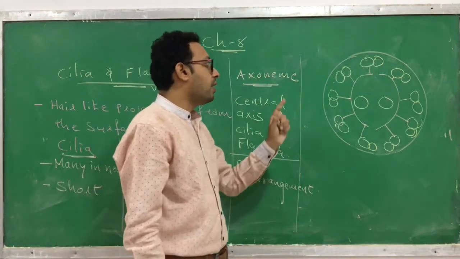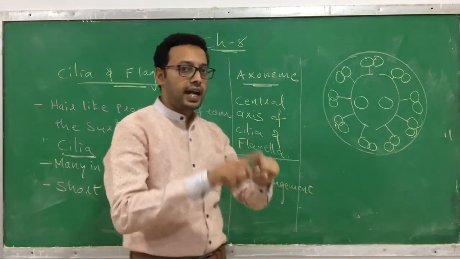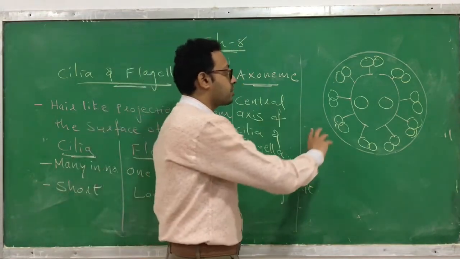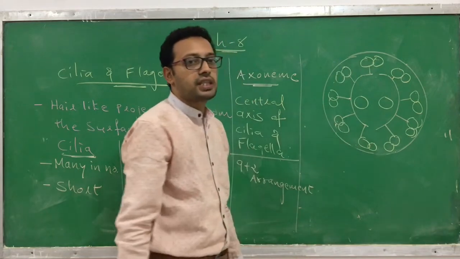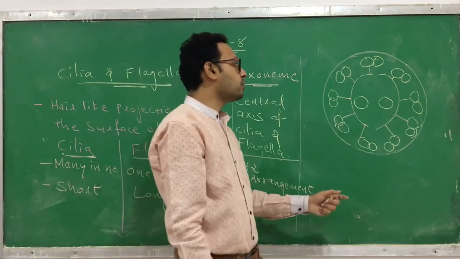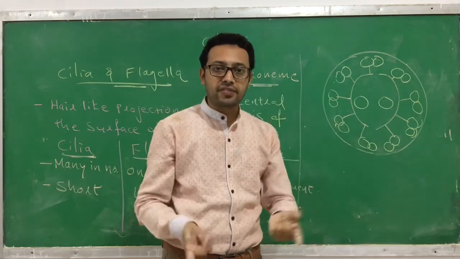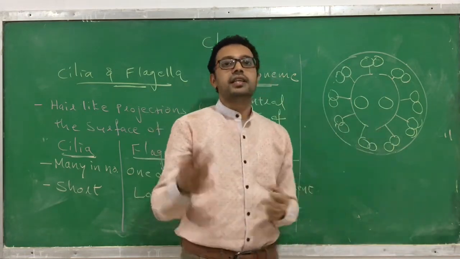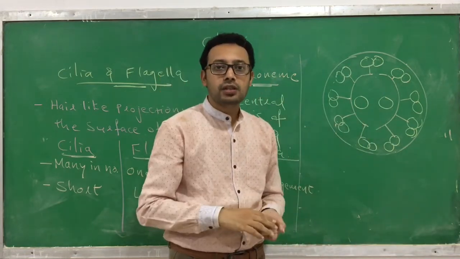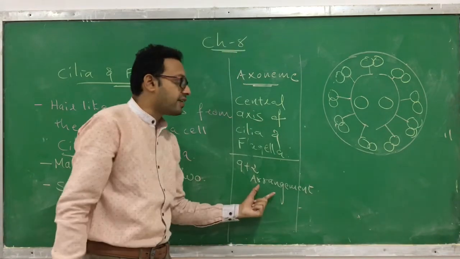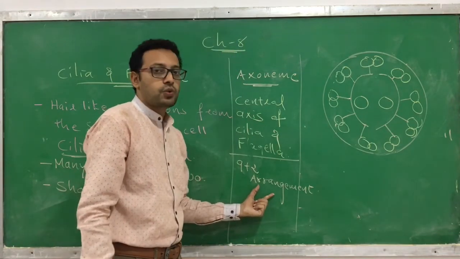So this is about the structure of cilia and flagella. Again, to repeat: the central axis is called the axoneme. The axoneme consists of 9 doublets arranged in the periphery, and in the center there are 2 individual filaments. Such an arrangement is called a 9 plus 2 arrangement.